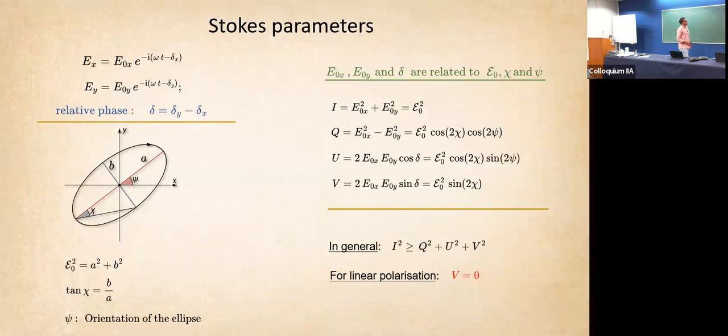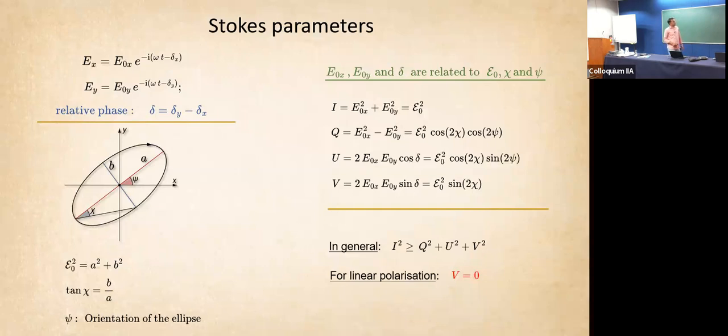Stokes parameters are generally I, Q, U, V. I is the total intensity. Q is the difference between the intensity of the light in two orthogonal directions. U is also the difference between the light along orthogonal directions, but at a different angle, which I'll show in the next slide. This generally comes from taking the cross correlation of Ex and Ey, and V tells us the circular polarization component present in the light.